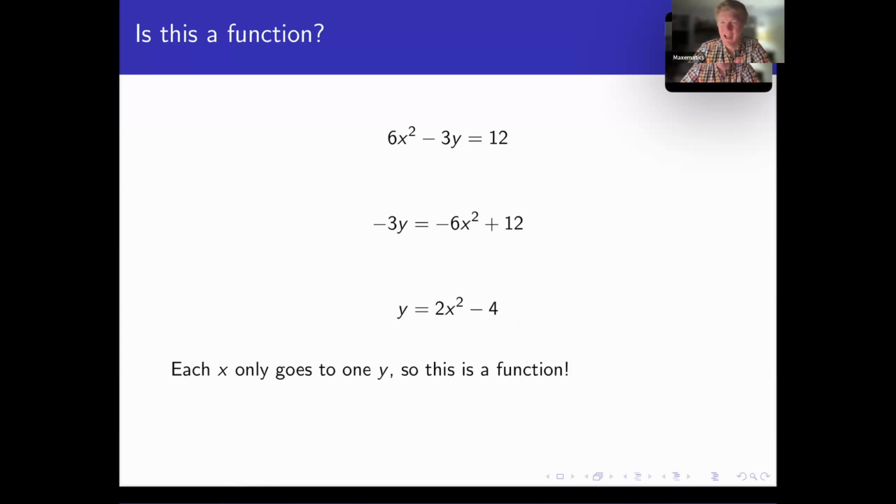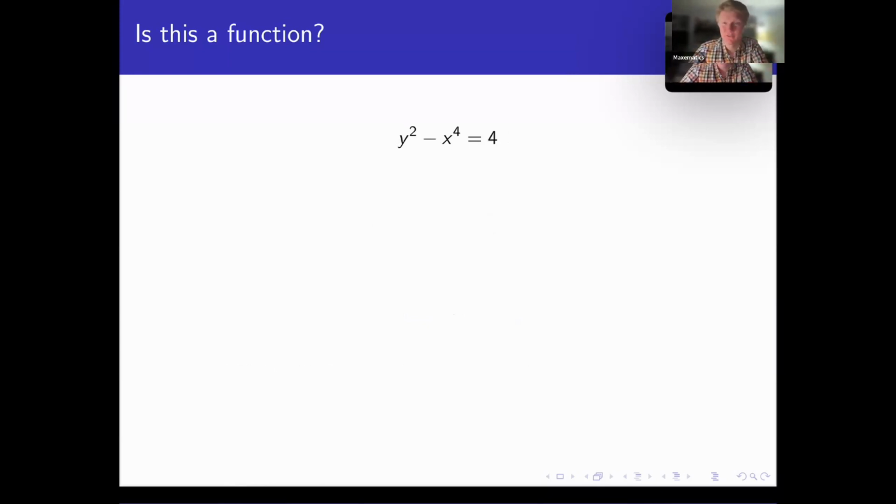Now you're probably wondering, how could this possibly fail? Well, let's do one like this. Let's solve for y. Let's add x to the fourth to both sides. Let's take the square root of both sides. But don't forget that when you take the square root of both sides, you get plus and minus. Okay, maybe we already start to see the problem. All right, let's plug in anything for x and see how many y's we get back. Let's again plug in x equals 0, because why not?